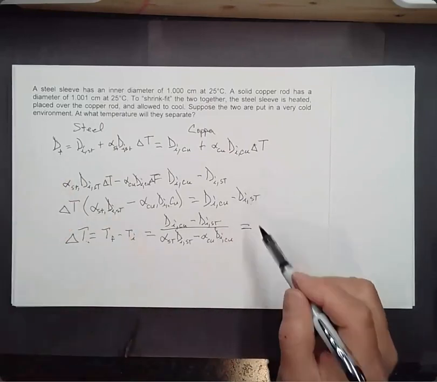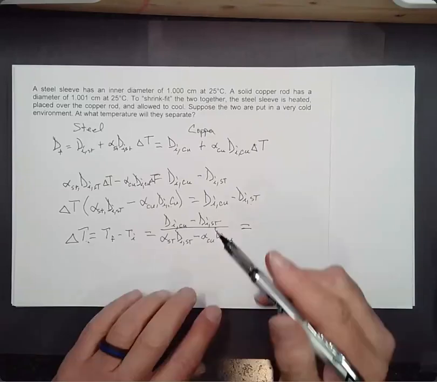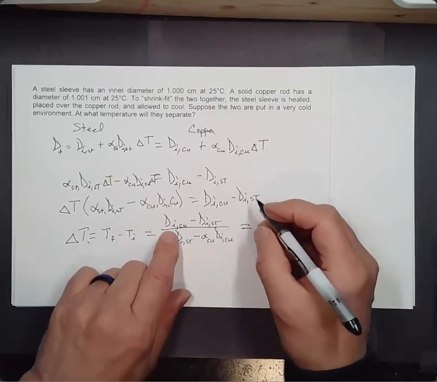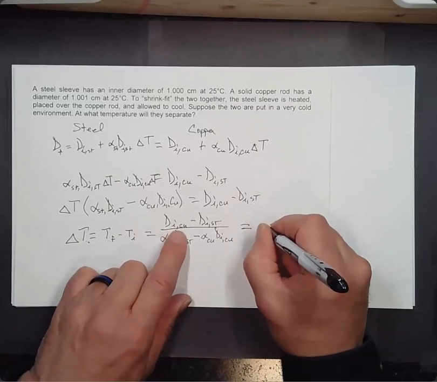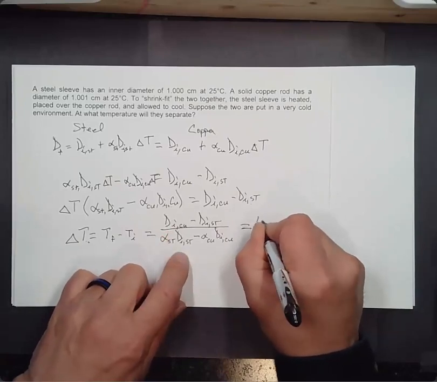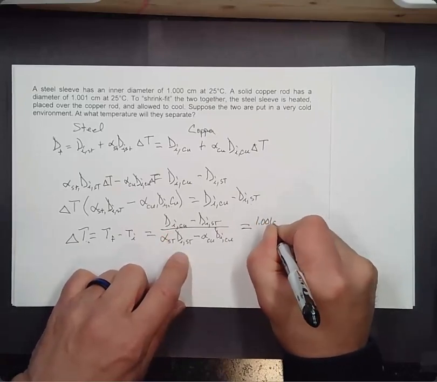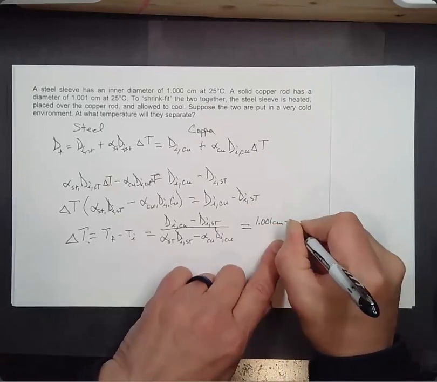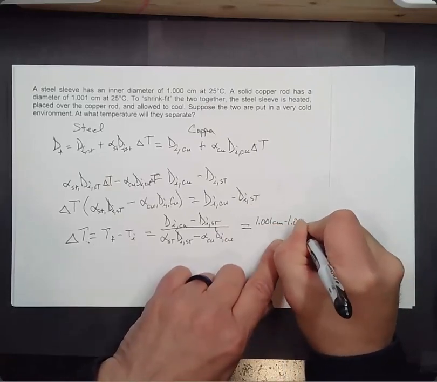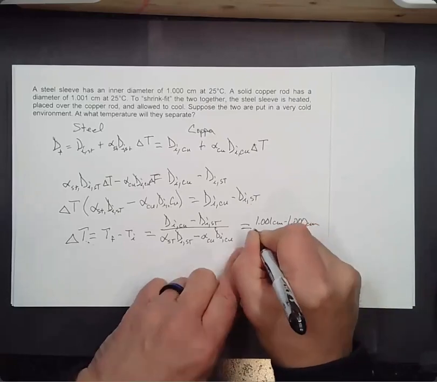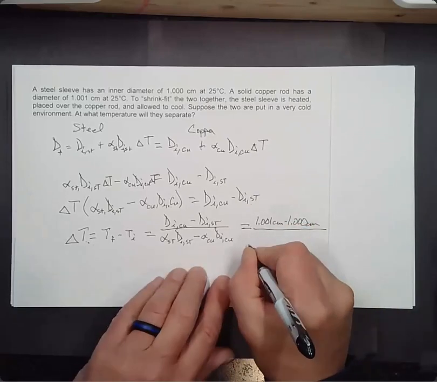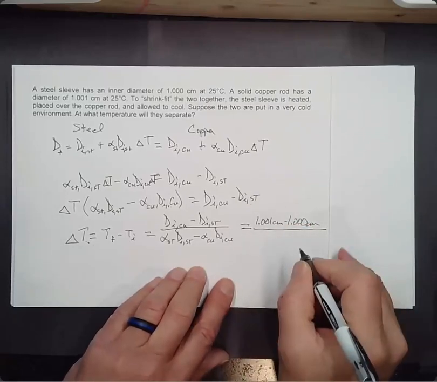Sometimes these mixture problems of sorts are kind of complicated. Anyway, I'd have the copper 1.001 centimeters minus 1.000 centimeters. I can do that one in my head. But this one down here is going to be kind of complicated.